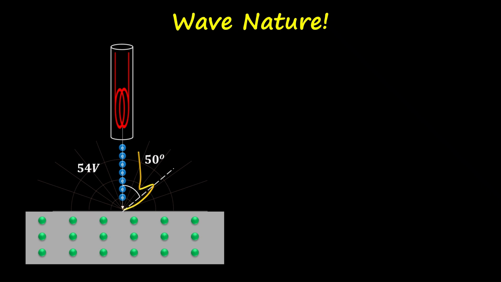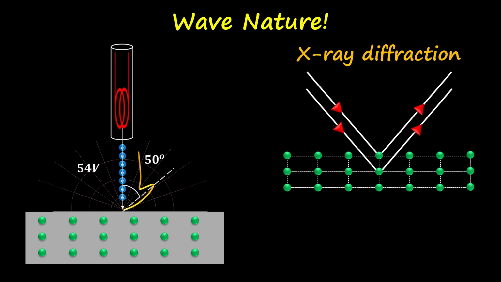And in the wave domain, we have a similar example, that is X-ray diffraction, where when we incident an X-ray on a regular lattice, then maxima and minima appear, and this is governed by Bragg's law. Now, if you compare these two examples, on the right hand side we have the wave phenomenon, and on the left hand side we have an electron exhibiting a wave phenomenon.